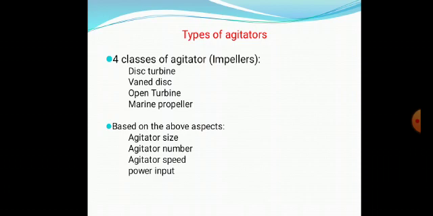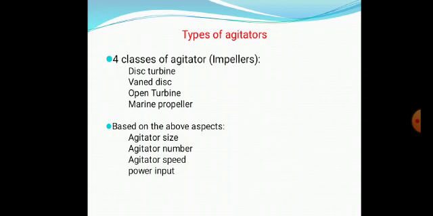See students, these values, agitator size, number, speed, will not be constant. It will vary from organism to organism, from media to media. It will vary with the size of the fermenter also, and the design of the fermenter. So many things are taken into consideration, and it has to be designed. So this is designing work. Lots of calculations are involved.